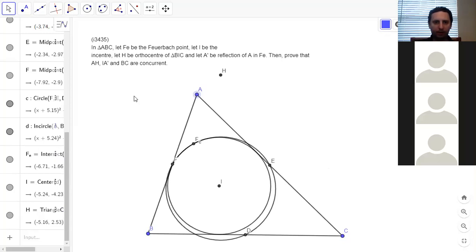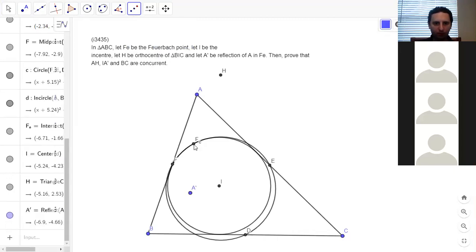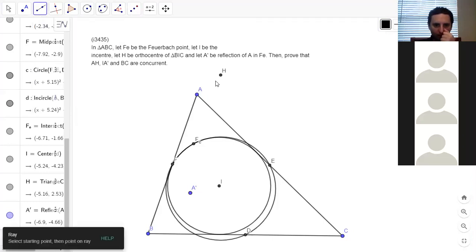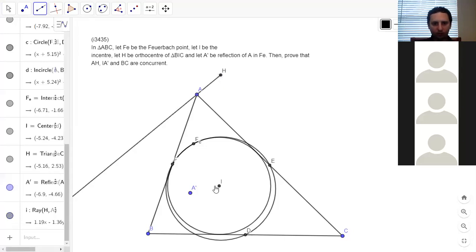So reflect A over the Feuerbach point. We want to show that AH, IA prime, and BC are concurrent. That's kind of interesting.